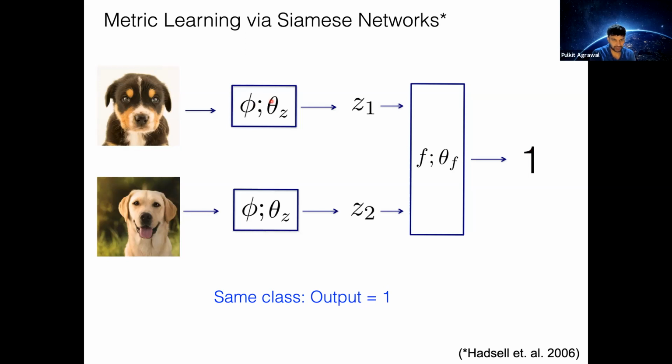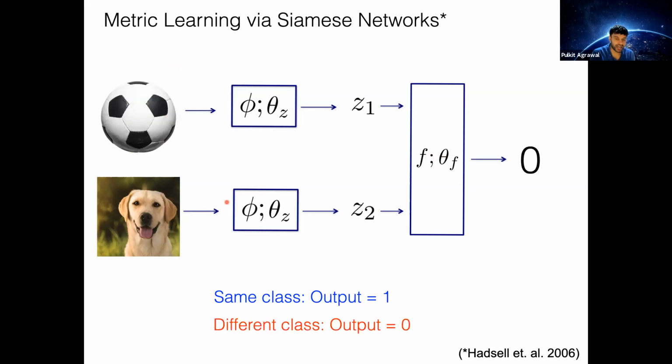The images are processed through some featurization, let's say some function phi with parameters theta z, and then I compare the features of the two images with some comparator, which is a function f with parameters theta f, and I output one if they belong to the same class. If they belong to different classes, we output 0. And we find parameters theta z and theta f so that this loss is minimized. So now we are explicitly learning how to match things instead of just learning to classify a given image.